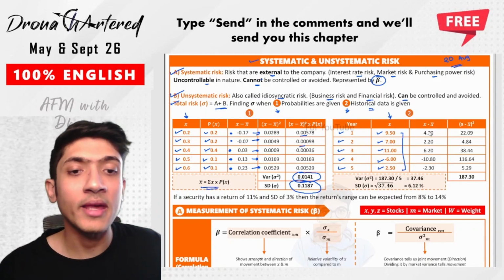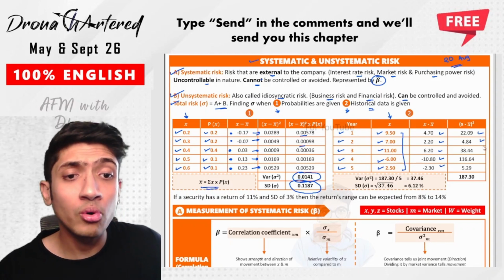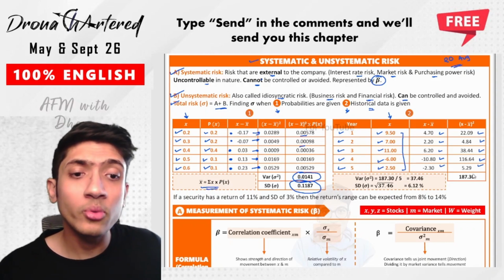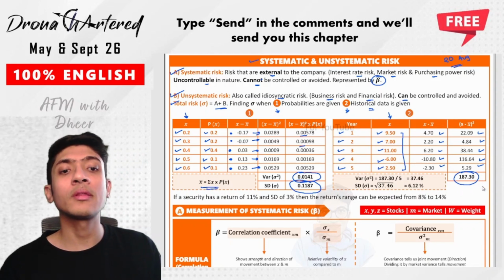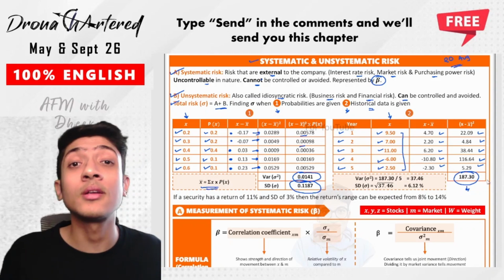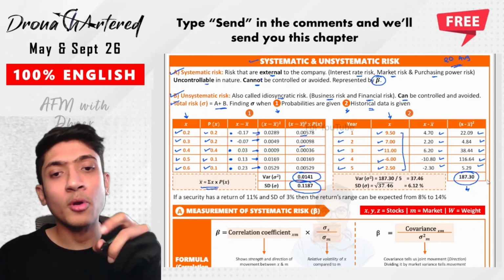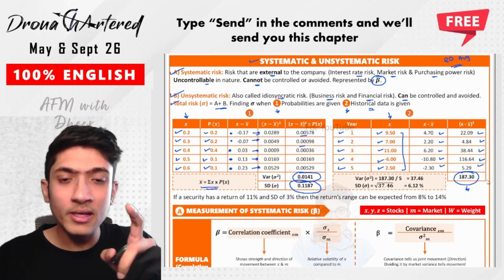Then you do x minus x bar. You calculate x minus x bar for all of this. Then you do x minus x bar whole square. Once you squared it, you come up with the sum. So this is 187.30. Sir, is this my variance? Answer is no. This is not your variance. If you remember, while we were doing it via probability method, we multiplied by probability.